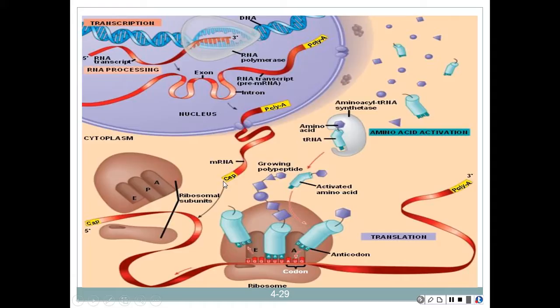The subunit slides along the mRNA until it reaches the start codon AUG, which you see here. So you notice this is the beginning part, this is the cap, but the ribosome is not going to assemble itself on this mRNA until it reaches that AUG start codon.